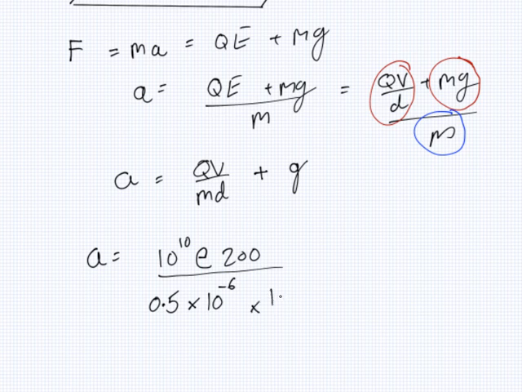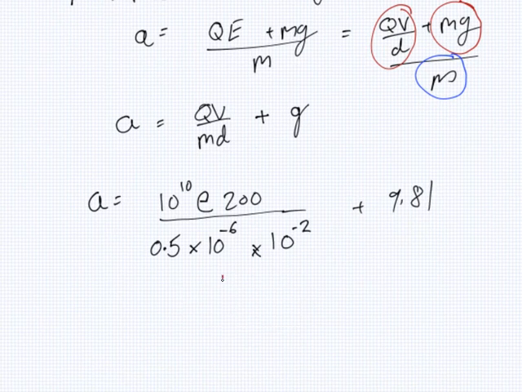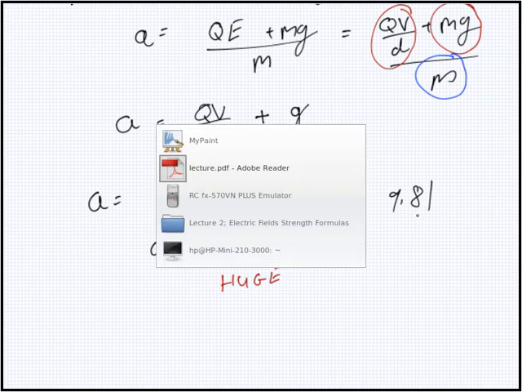And then the distance is 10 to the minus 2, the centimetre, plus 9.81. Now, I think this answer here will be huge compared to 9.81. Yeah, let's calculate it.